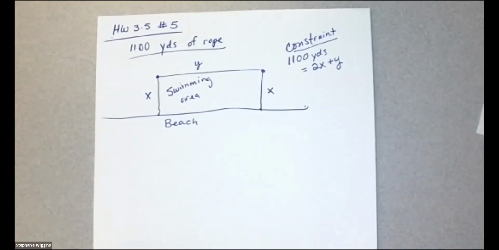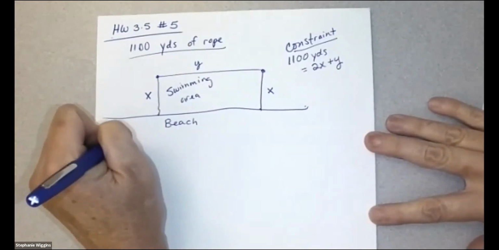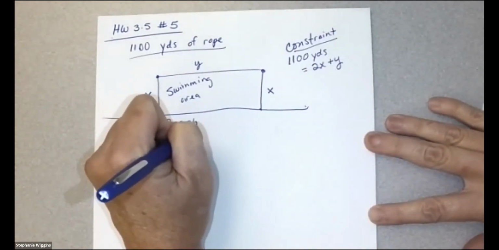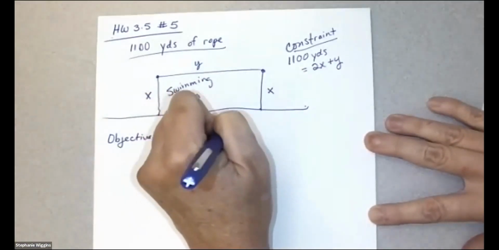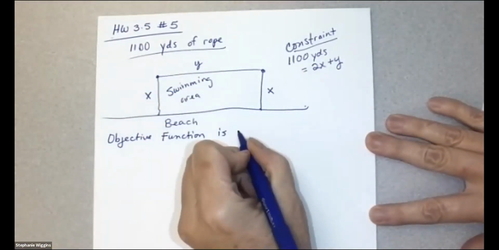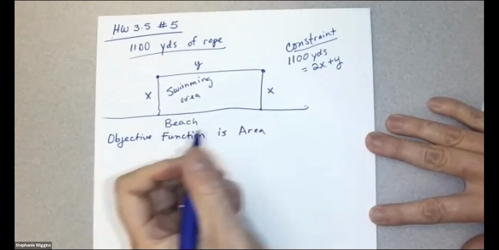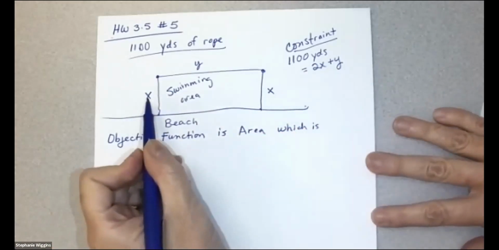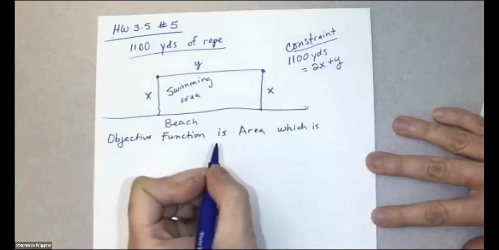So what are we maximizing? The objective function here is the area, which is x times y.